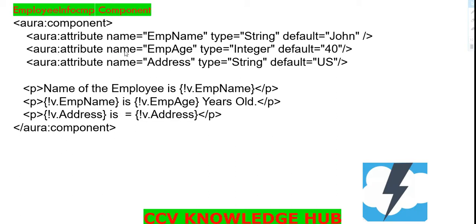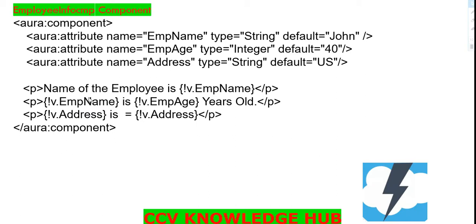And aura attribute name employee age, emp age, type integer, default is 40. Attribute name address, type string, default US. And you can see different paragraphs I created to access these attributes by using the expression. It's a value provider.